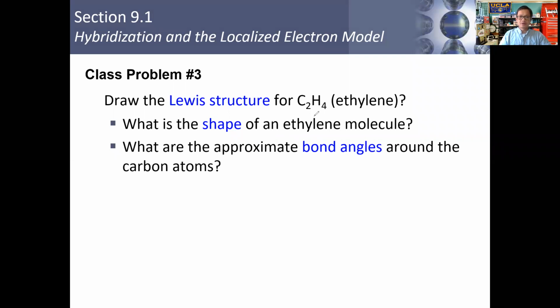So we have the formula here for ethene. I think we've done this before, and I'm just going to go ahead and draw this for you using the lines. We know that there has to be a double bond between the two carbons, and therefore there will be a single bond between the carbons and each of the hydrogens. Okay, so that would be the structure for ethene.